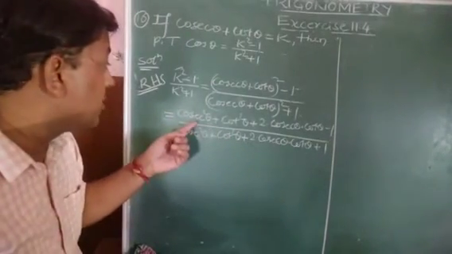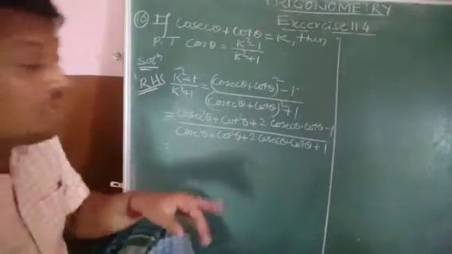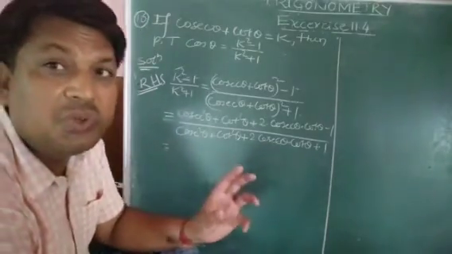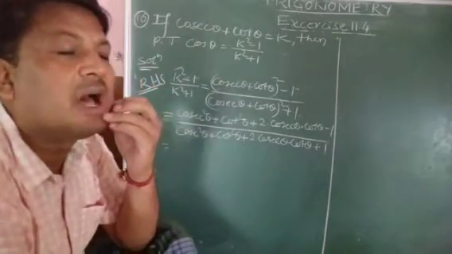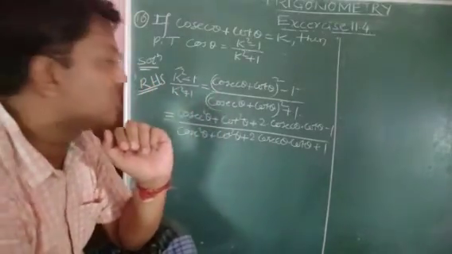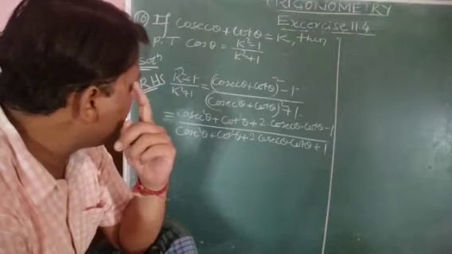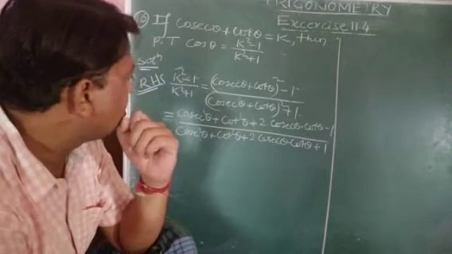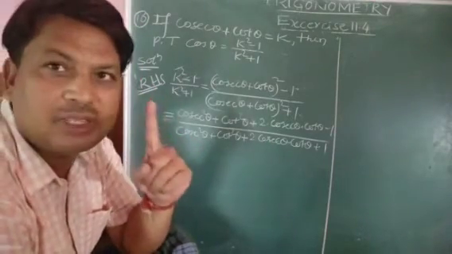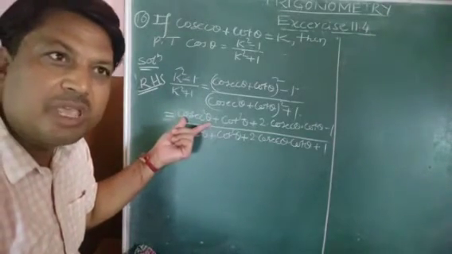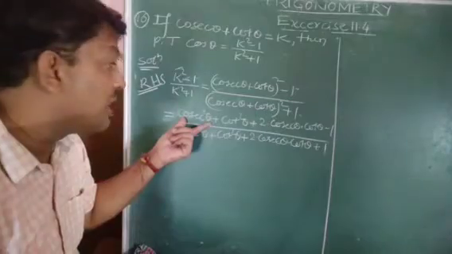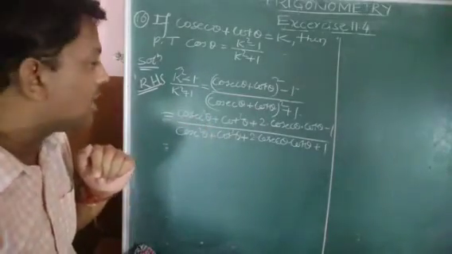See children, if in place of cosec square theta you are trying to convert, use the trigonometric identity. In place of cosec square theta, you can write 1 plus cot square theta. So, yes children, if you are using the trigonometric identity 1 plus cot square theta, what happens?